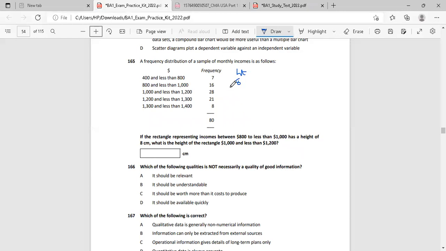So frequency is 16 for 800 to 1000 and has a height of 8 centimeters. These are the logic. I didn't solve any question like this before. Because I am doing financial management, cross multiplication is stuck in my head, ma'am.